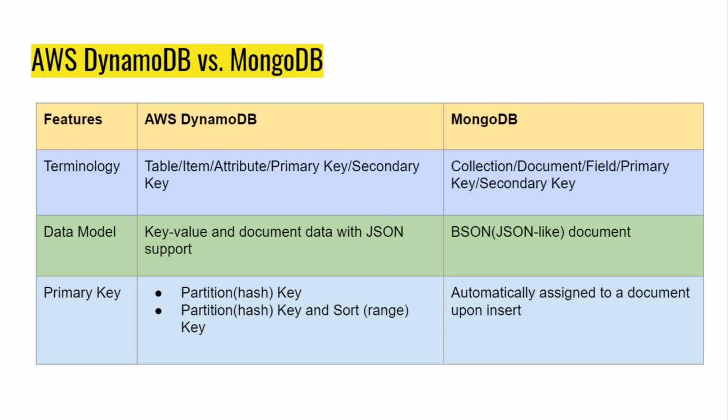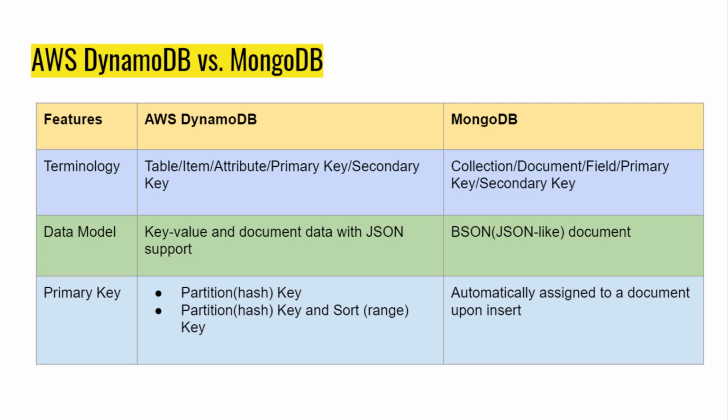DynamoDB uses table, item, attribute, primary key, secondary key, which match MongoDB's collection, document, field, primary key, secondary key. The AWS DynamoDB data model is key-value and document data with JSON support. MongoDB uses BSON, which is a JSON-like document.